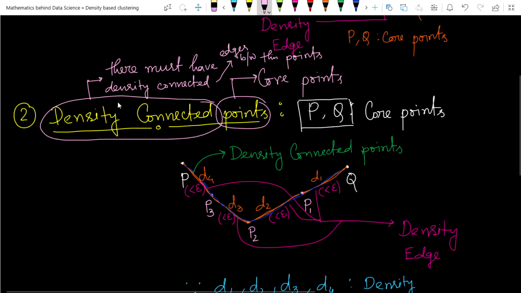If this holds, then we call these the density connected points. I think you got the idea.